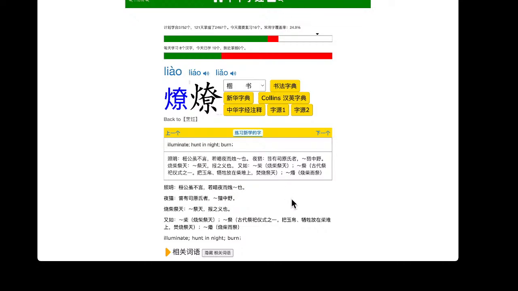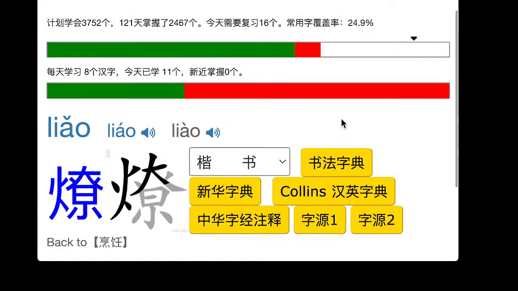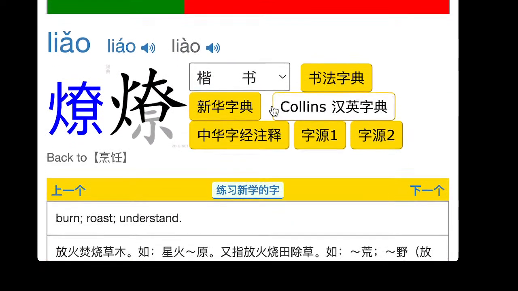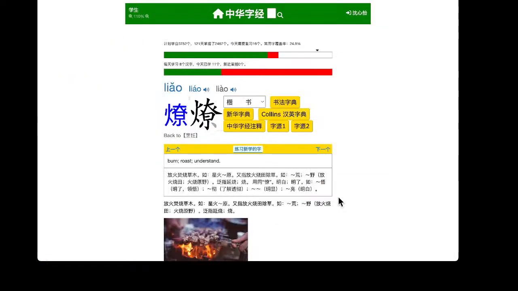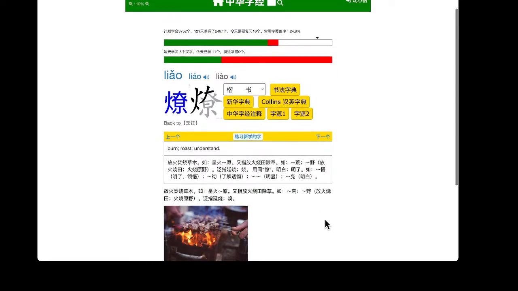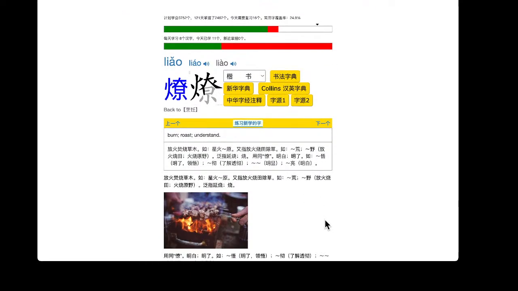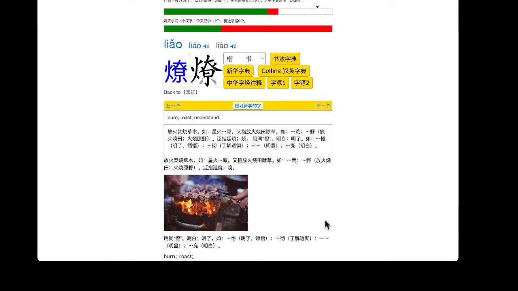Next word. The third pronunciation is 了. 了 simply means burn or roast. Another meaning is actually understanding.